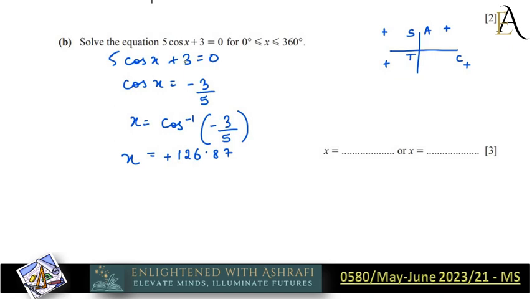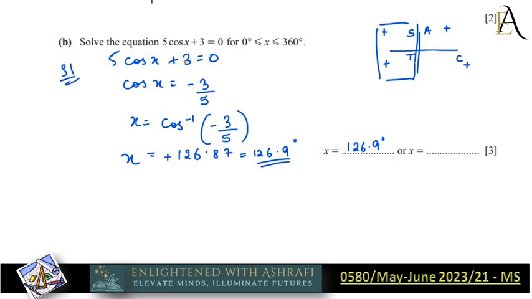Now since we have a cosine that is negative, our value will come in this area. So this will become 126.9. So we got the first value of x, that is 126.9, which is between 0 and 360.